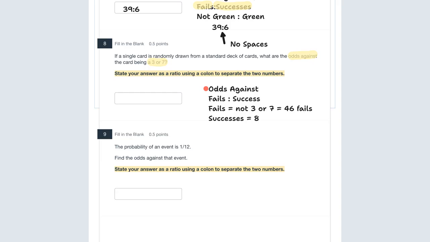There's 8 of those. So that means the ratio of fails to successes is 46 to 8. And again, no spaces right here.